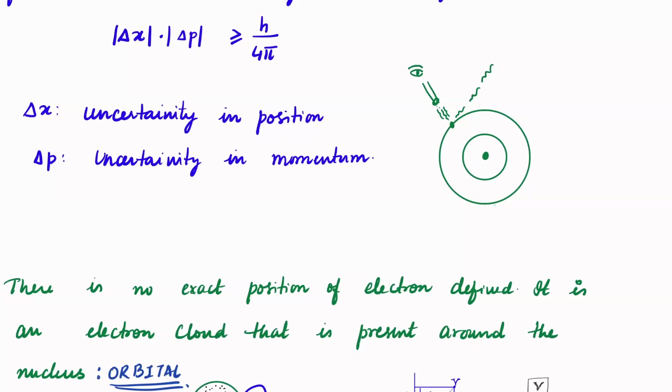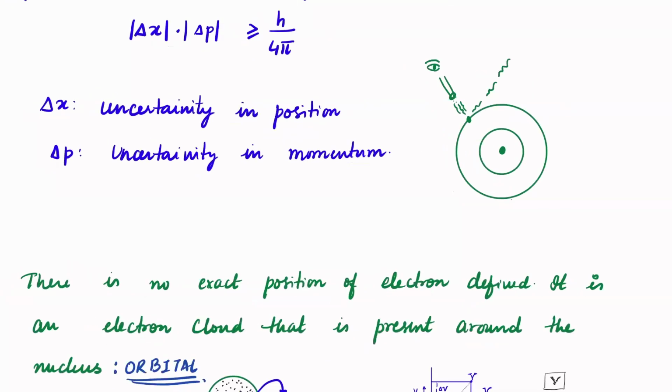If energy is falling on an electron, the electron will absorb some energy and it won't remain in the same orbit anymore. Some part of the energy it will absorb, or maybe a particular type of wave it will absorb, and it will start jumping onto some new orbit.